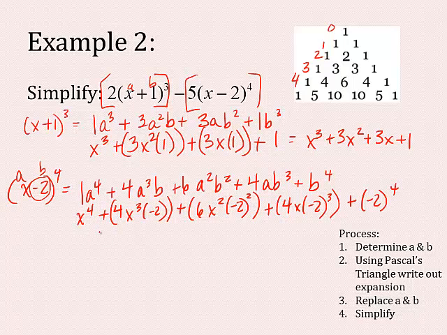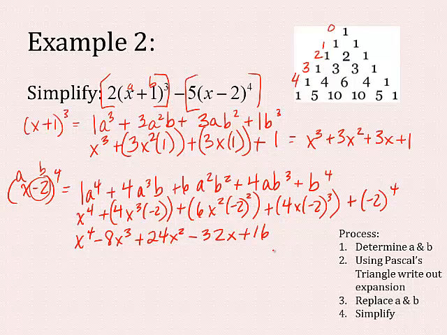All right, simplify this down, reducing as you go. X to the 4th. Negative 2 times 4 is negative 8, x cubed. Negative 2 squared is 4 times 6 is 24. Negative 2 cubed is going to be negative 8 times 4 is negative 32, x. And then lastly, negative 2 to the 4th power is going to be a positive 16.